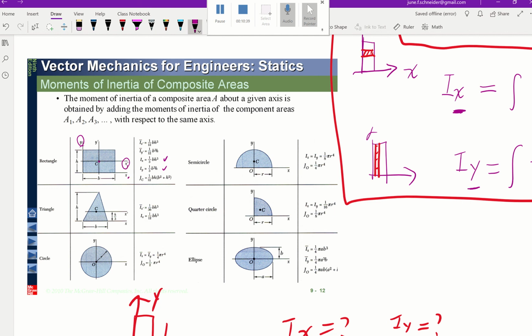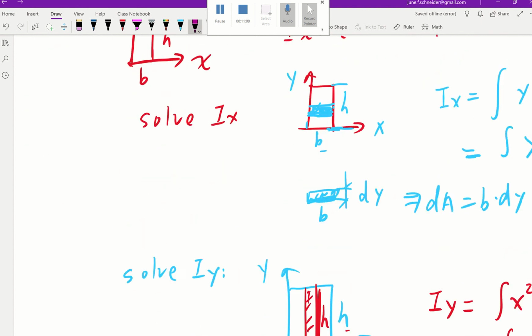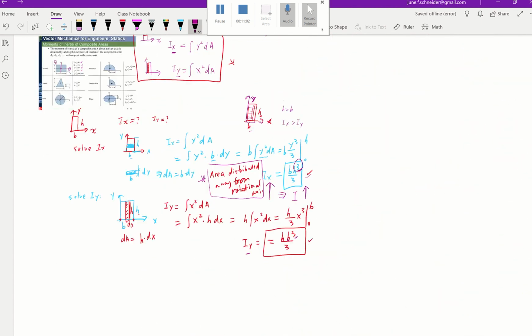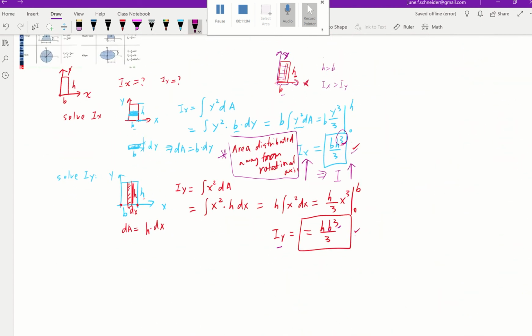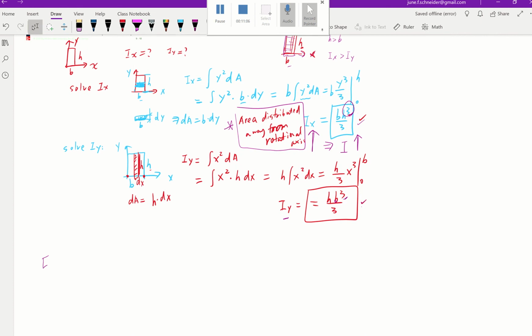X prime goes through the centroid C. So basically, if it's rotating about this x prime, you realize it's 1/12 bh cubed. Okay? And if you're rotating about the centroid y-axis, it's going to be 1/12 b cubed h. We can quickly make a proof of that. So here's example 2.